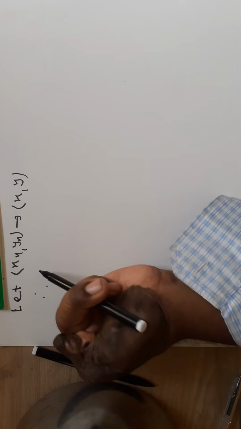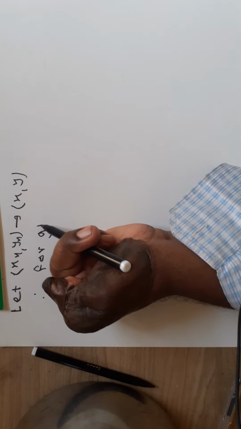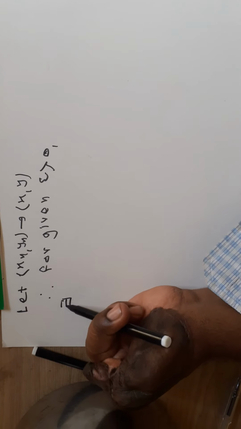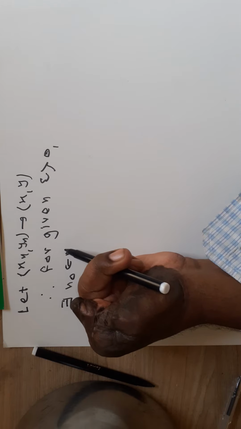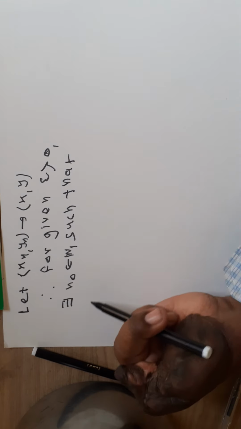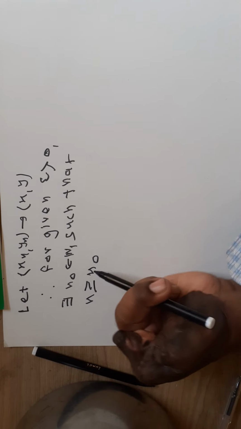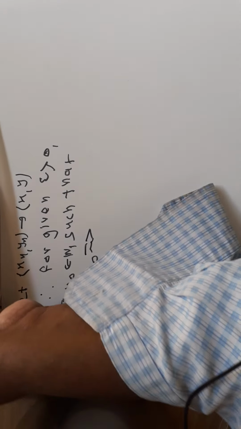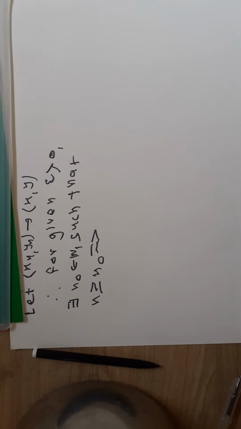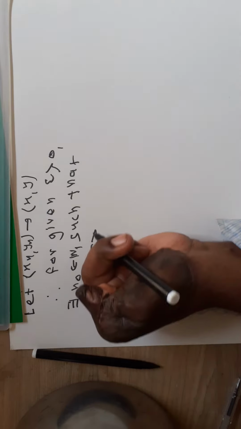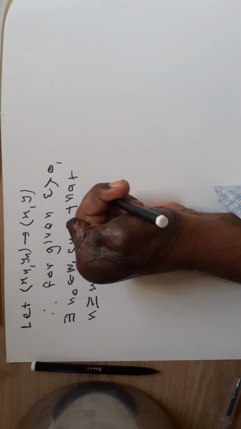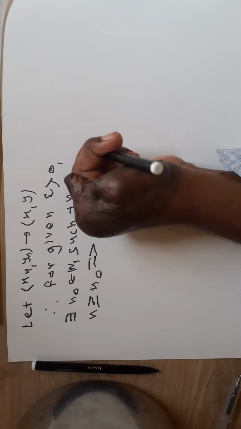Therefore, for any given epsilon greater than 0, there exists n0 belonging to N such that n greater than n0 implies, since (xn, yn) approaches (x, y), the distance d between the point (xn, yn) and (x, y) is less than epsilon.